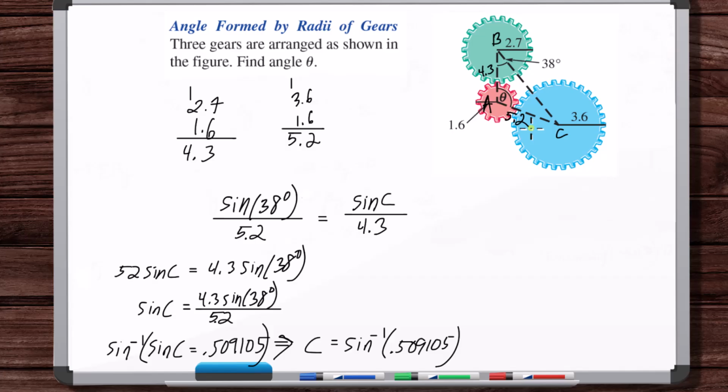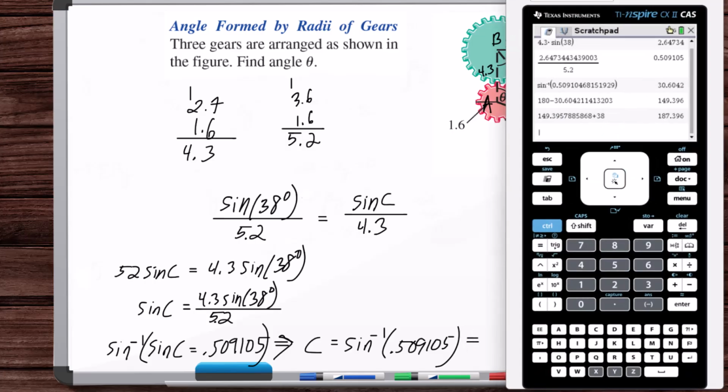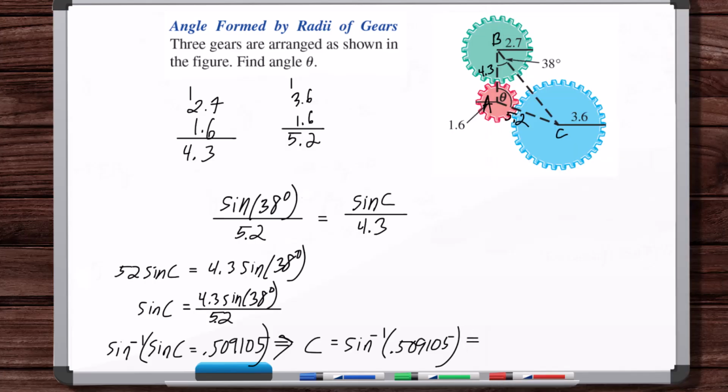And so the designer or whoever would have to decide which triangle they want to use. Whereas with this case, if you're saying this angle has to be 38 degrees and these are the radiuses, well, then there's only one angle that's going to work here. And so angle C has to be 30.6 degrees.